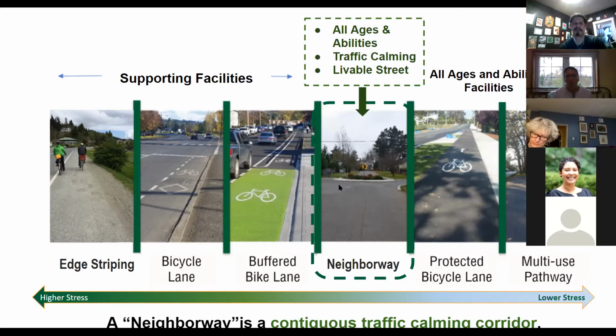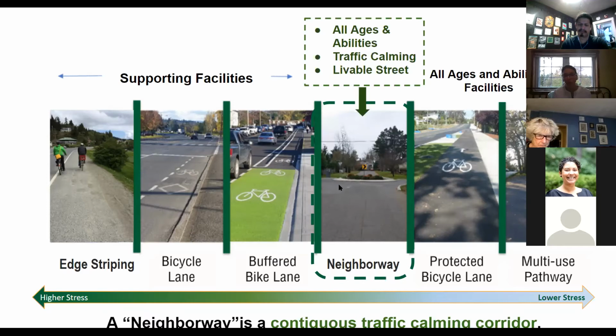As far as street typologies go, it kind of falls in the middle. So you can see the striped bike lane is that second one over, which is a supporting facility. It does provide space for bicyclists, but it doesn't really fall into that all ages and abilities category. Buffered bike lanes, which is what we're talking about for the wider segment of Beacon, are a step better than just the striped bike lanes.